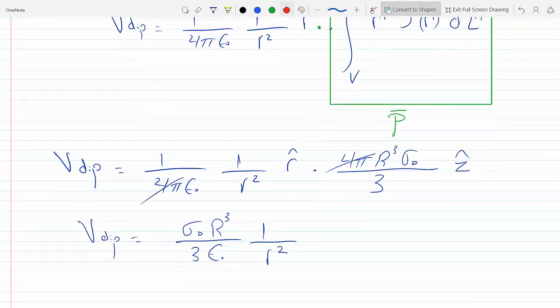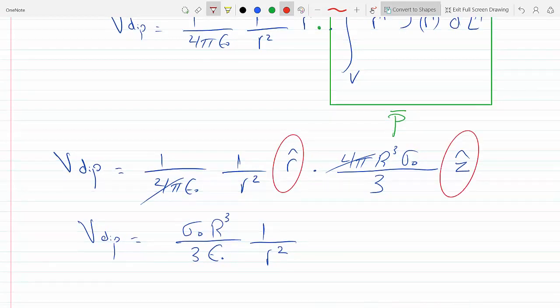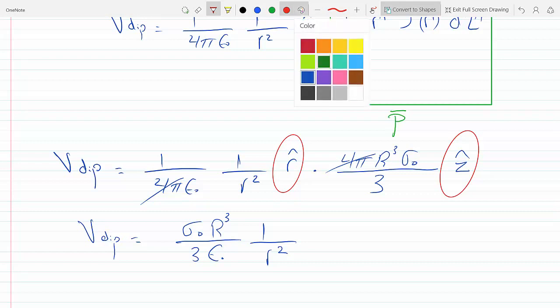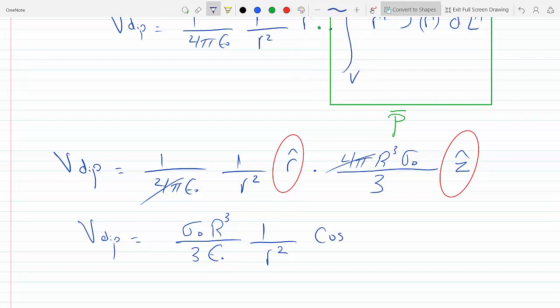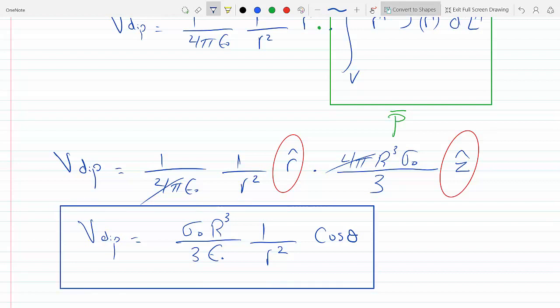And what is r hat dot z? It's just cosine theta, because it's the angle between them. So this is our dipole term. This is the potential, the first non-zero term.